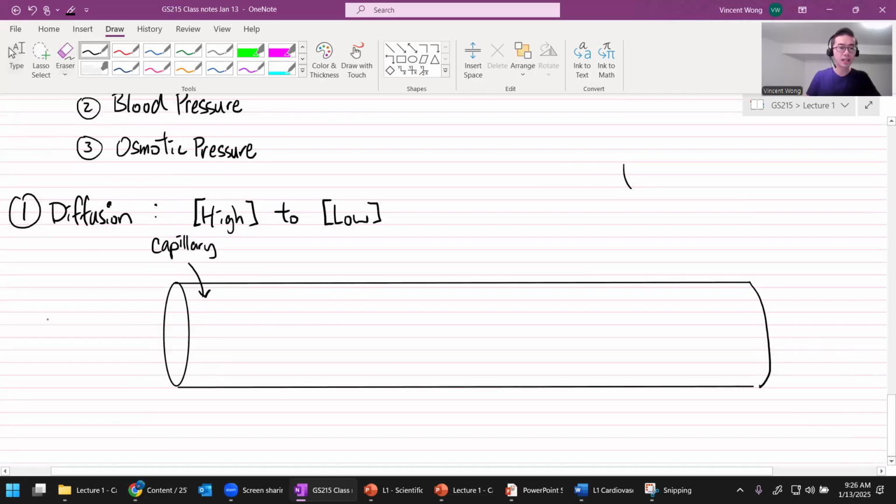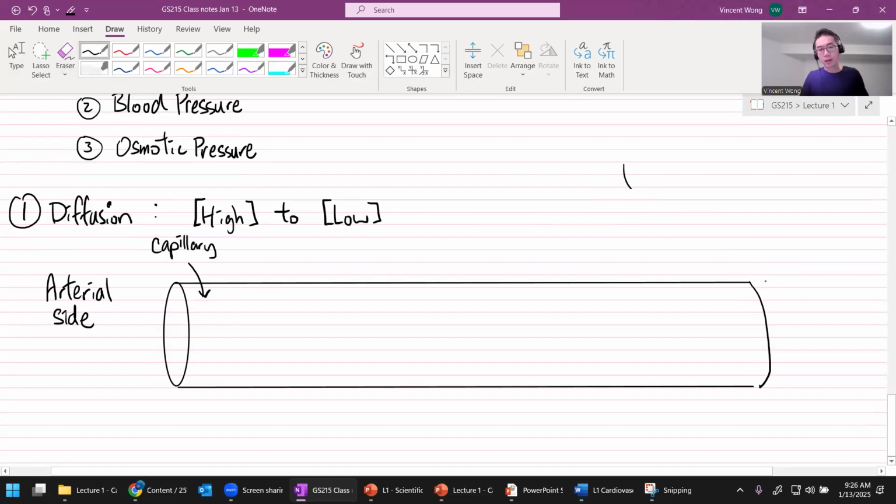And this side is the arterial side. Arterial is just the adjective of artery. It's the side that's connected to the artery, basically.